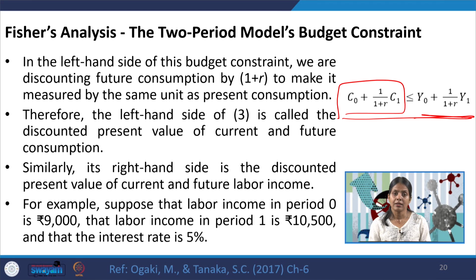For example, suppose the labor income in period 0 is 9,000, the labor income in period 1 is 10,500, and the interest rate is 5%.